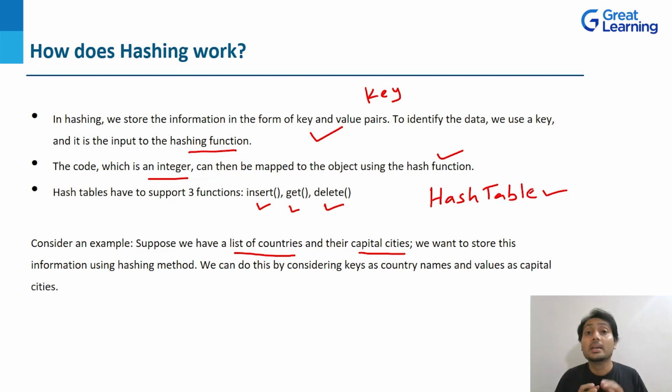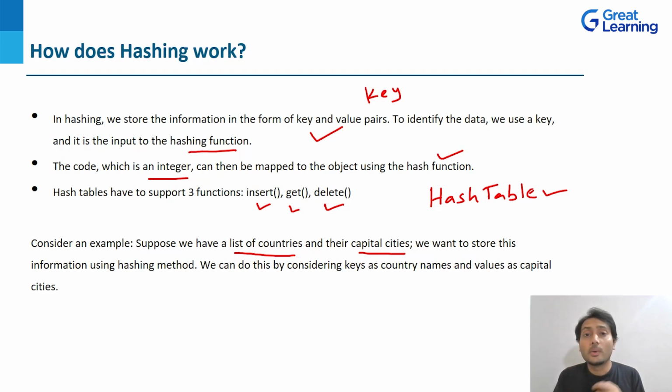What we can do is consider the country names as keys and the capital cities as the values. So if I have a country name which is a key, then the associated value is nothing but the capital city of that particular country.